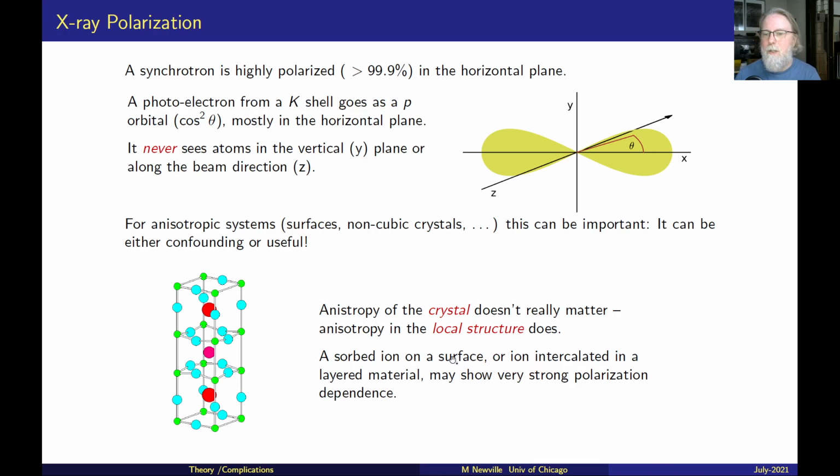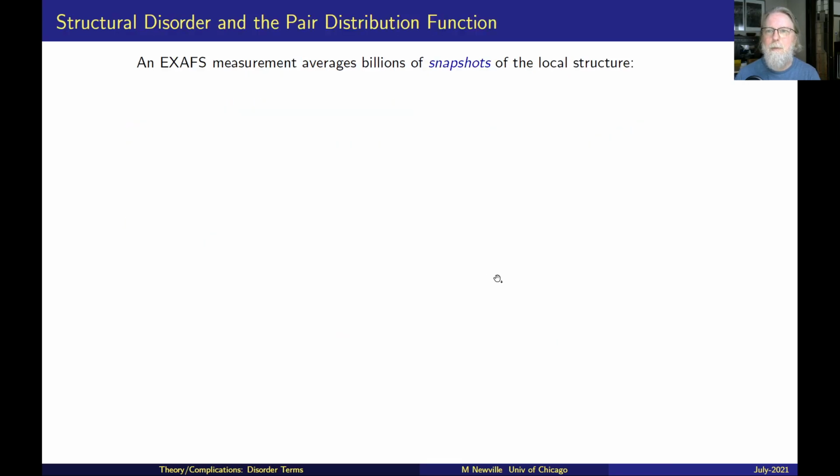So those are important to keep in mind, but it doesn't really change any of the things we talked about so far in the scattering. It's just that there's this additional cosine squared term for K shells. For L absorptions, it can be a little bit more complicated.